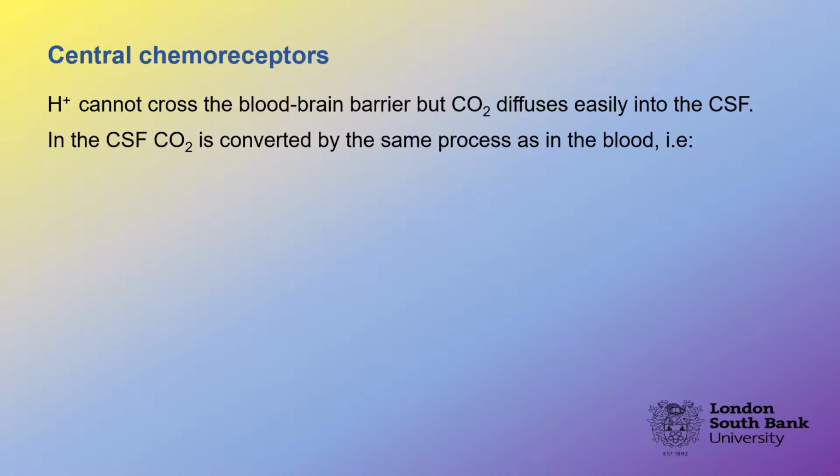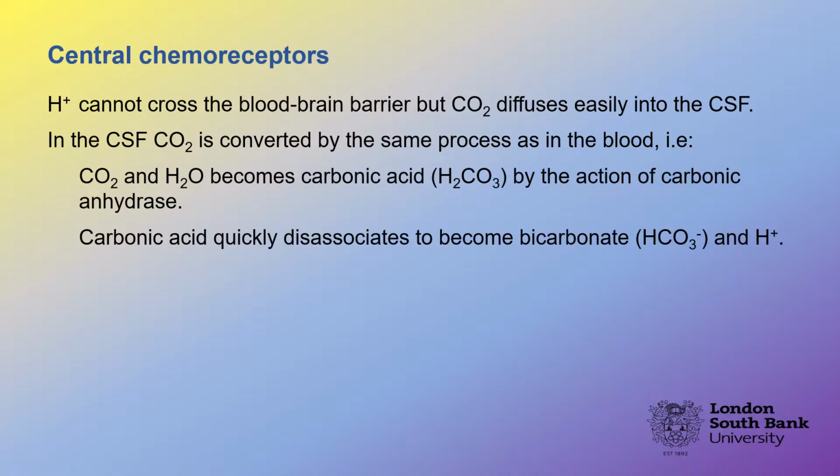In the CSF, CO2 is then converted by the same process as we had in the blood. In other words, CO2 and water become carbonic acid by the reaction of carbonic anhydrase. Carbonic acid then quickly dissociates to become bicarbonate and protons. So this all happens within the CSF.